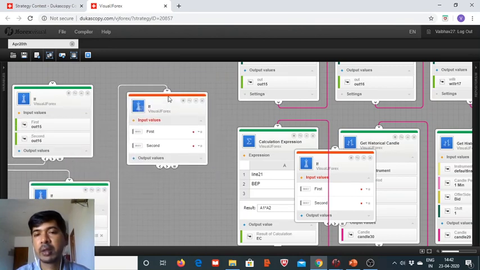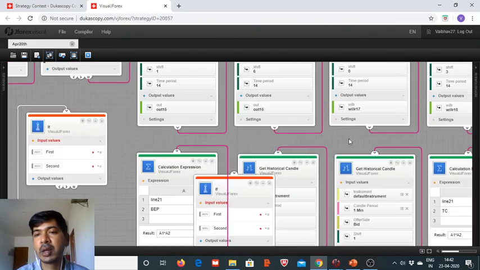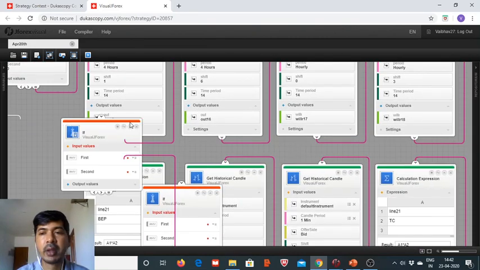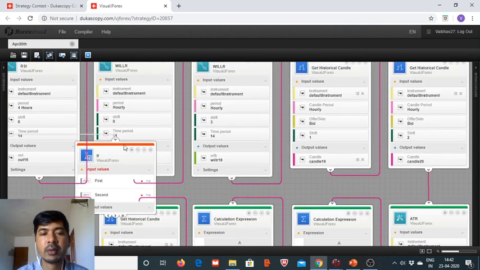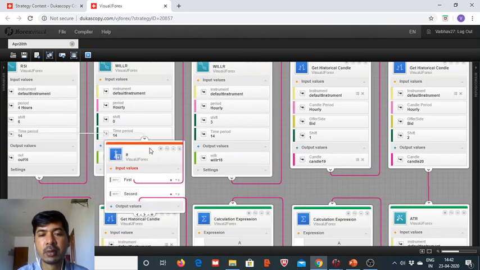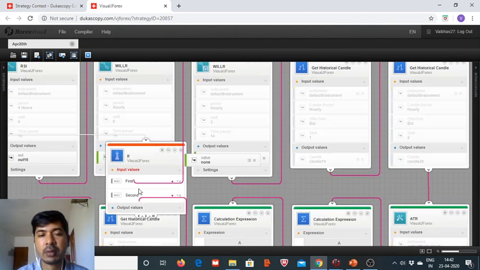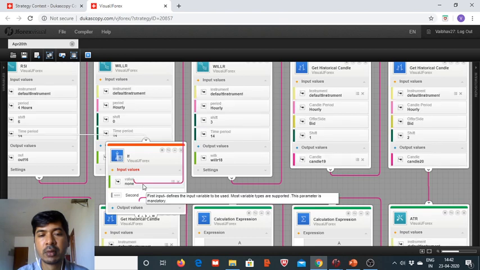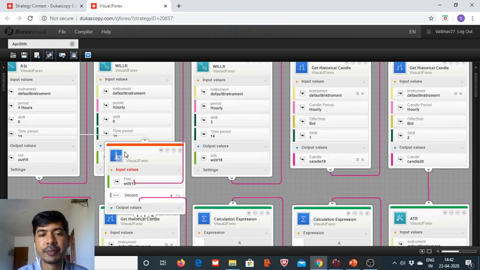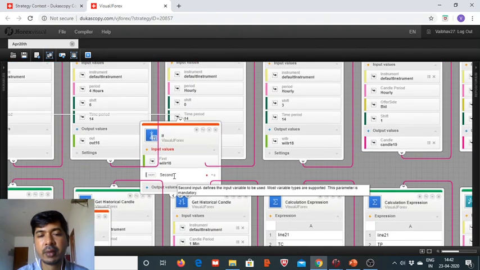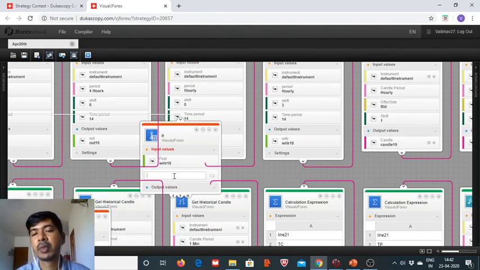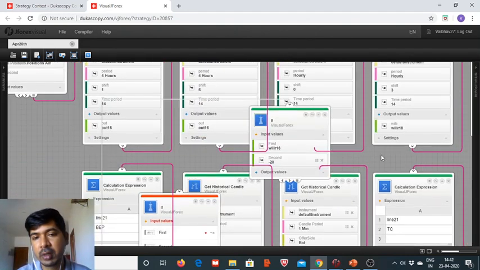Then we look at the Williams R value 3 hours back, and there we define the overbought territory, that is minus 20.